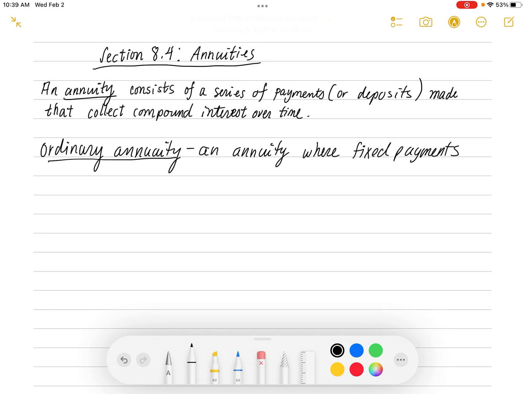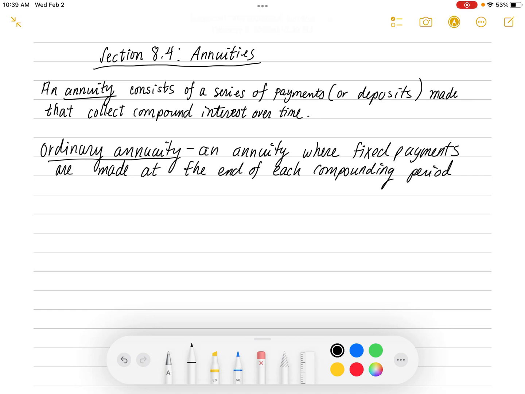You don't change the amount of the payments or the deposits, so it's always the same. So not at the beginning, but at the end.